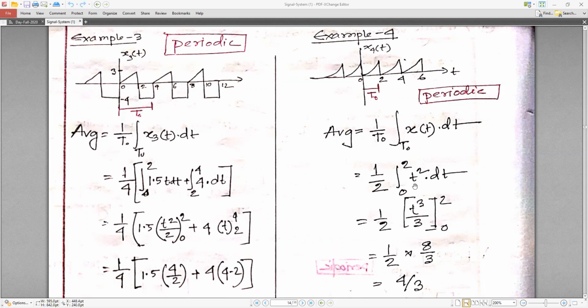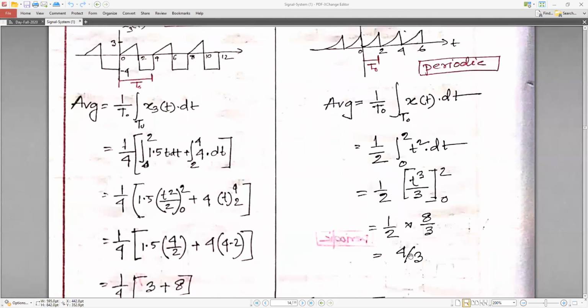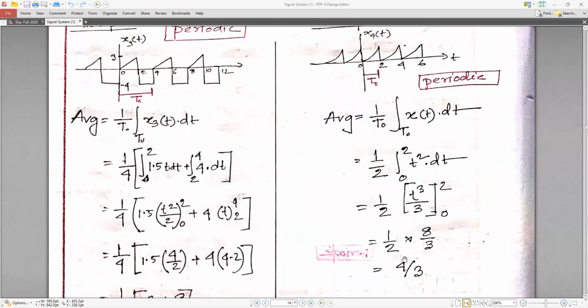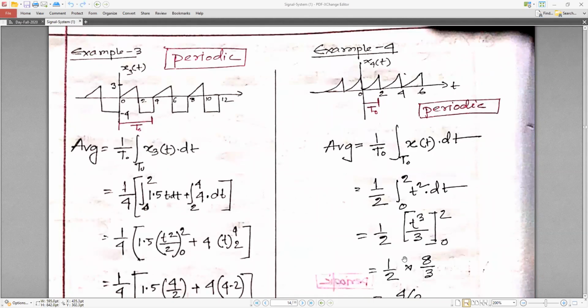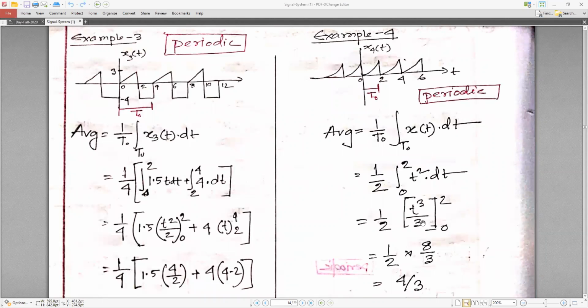So if I consider this, the value is t cube by 3. If the x(t) is t squared, then the total one would be t cube by 3, and then 4 by 3. Okay, that is the value for 0 to 2.